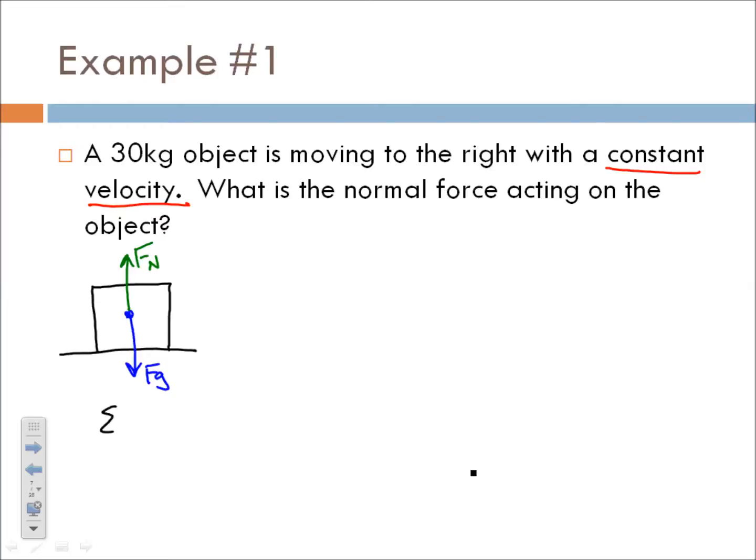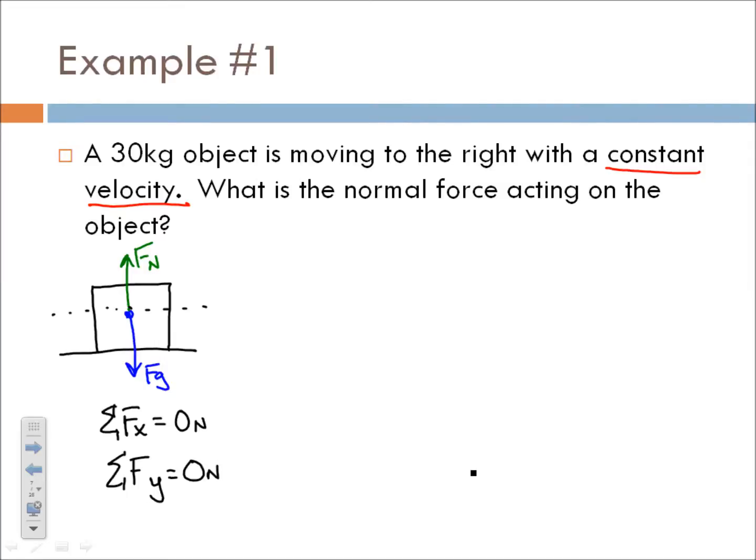So one of the things that we can say is that the net force in each of the directions is going to be 0 newtons. So why is this the case? Well, first, remember, net force is the sum of the forces. So in the horizontal direction, there are no forces acting on this object, and so clearly they have to add up to 0 because there's nothing there.